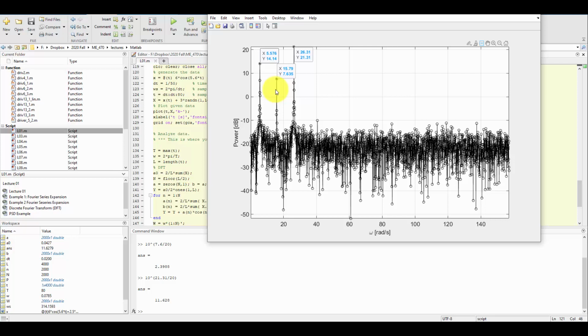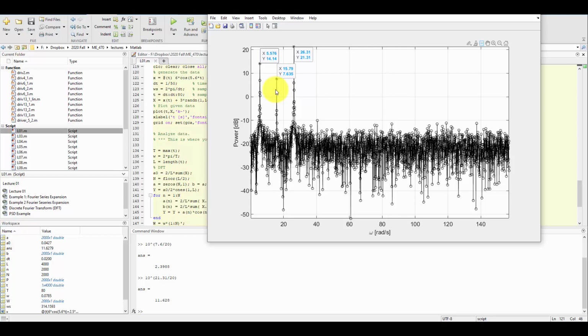Now this gets tricky if in my original signal I were to, at those frequencies, have both a cosine term and a sine term, because when I took the power, I was taking the square root of the sum of the squares of the A and the B term. But the power is not only telling us where strong frequencies are, but it's telling us the strength of the cosine and sine term at those frequencies.